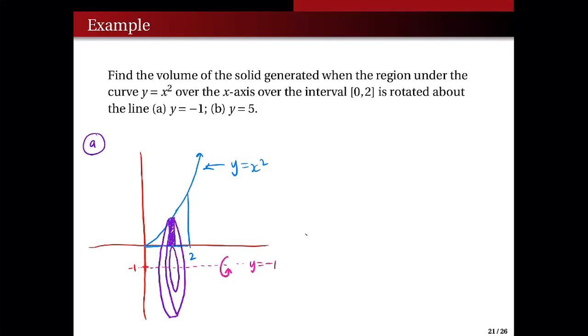So this means that this is your bigger radius, and then this is your smaller radius, this guy here.